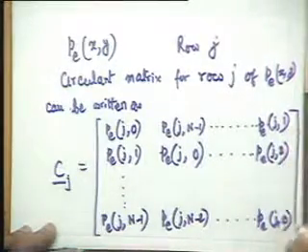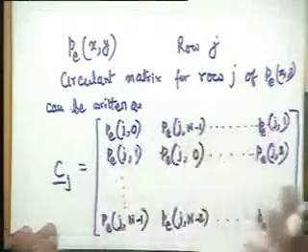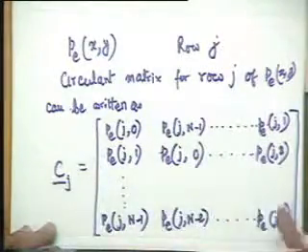So we are going to construct a circulant matrix of this form. This becomes a circulant matrix, isn't it?